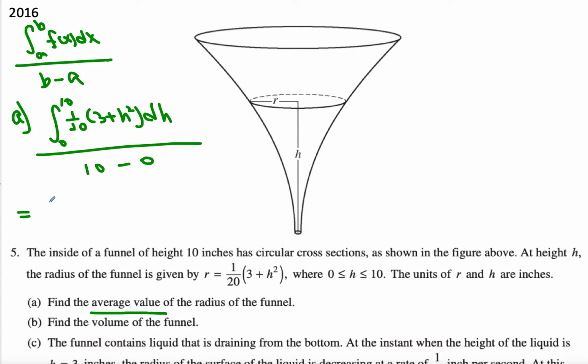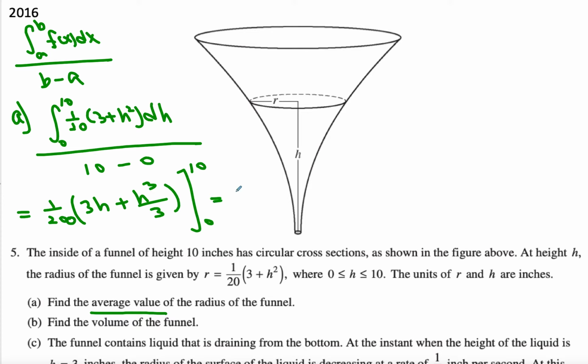I can bring 1 over 20 to the front, and the 3 becomes 3h. The second one is h cubed over 3, from 0 through 10. Dividing the whole thing by 10, instead of 1 over 20 I can make it 1 over 200. When I plug in 0, everything becomes 0, but when I plug in 10, the first term becomes 30 and the second is 1,000 over 3.